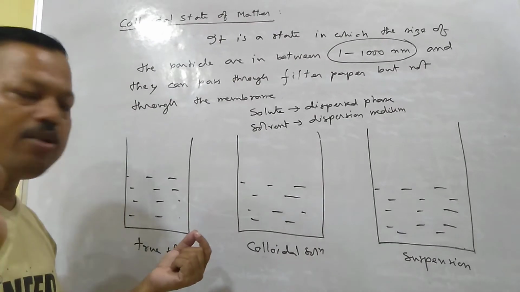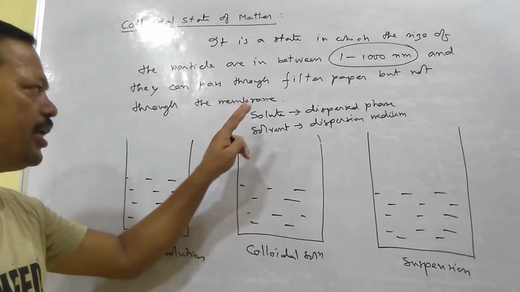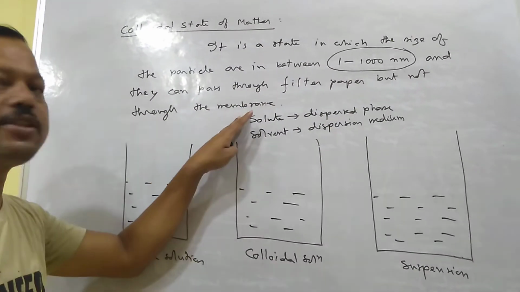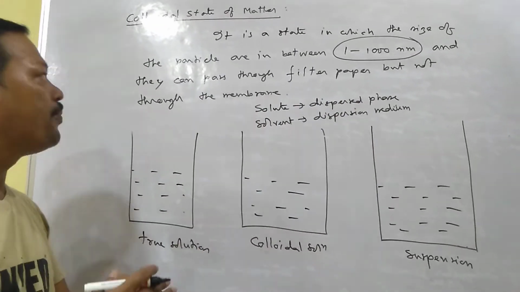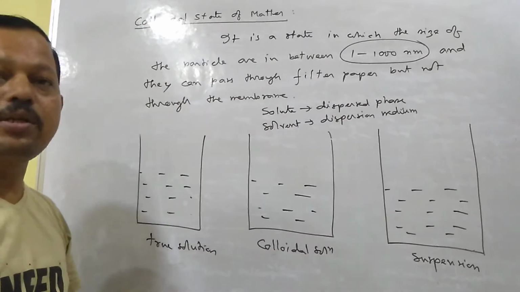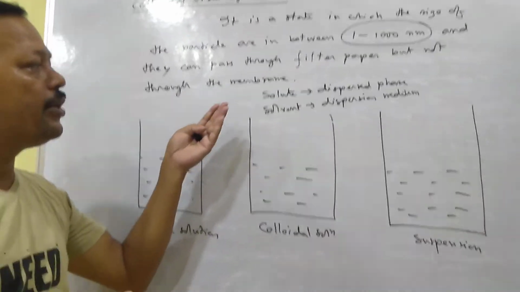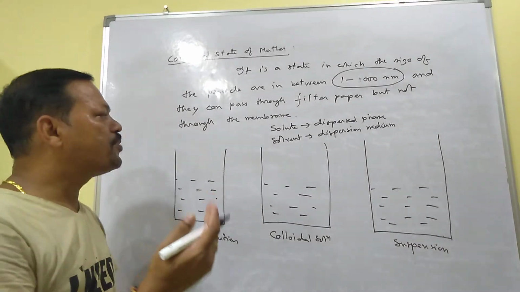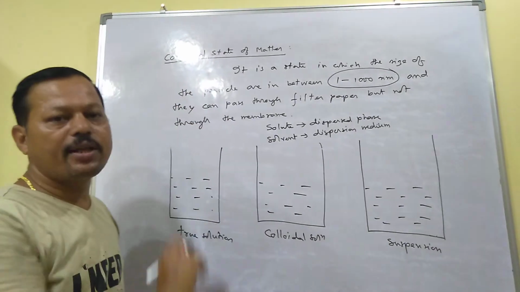Normally in a normal solution we use solute and solvent, but here we don't. Instead of solute you have to use disperse phase, and dispersion medium represents solvent. So this is about colloidal state of matter.